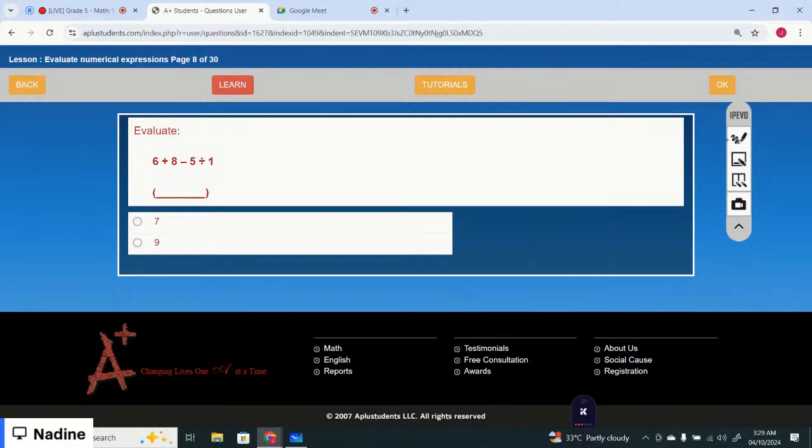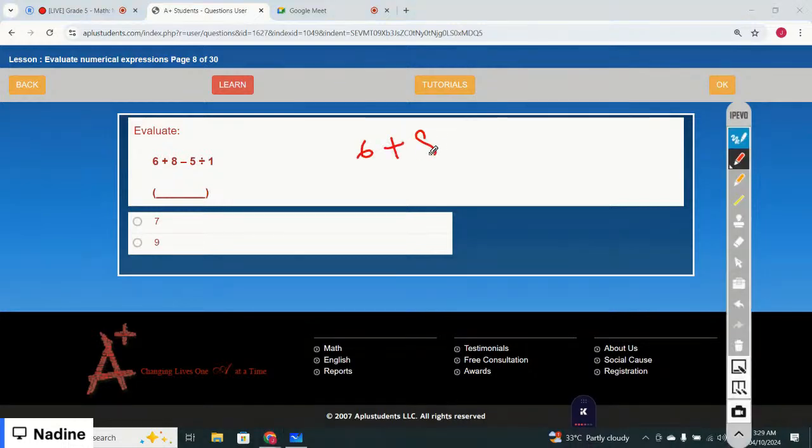6 plus 8 minus 5 divided by 1, which is the correct option? You have to divide first, right?